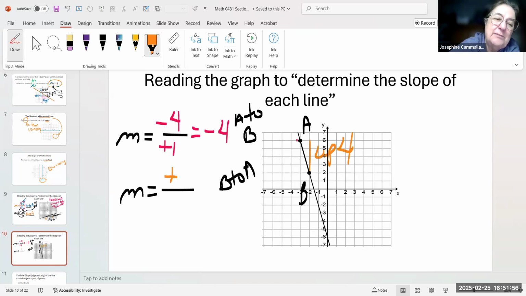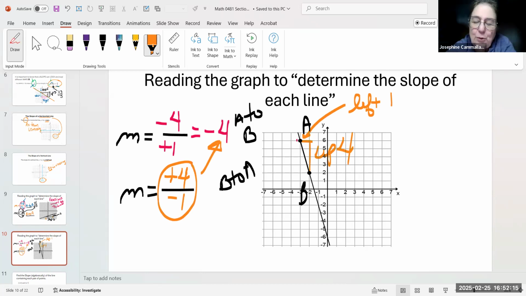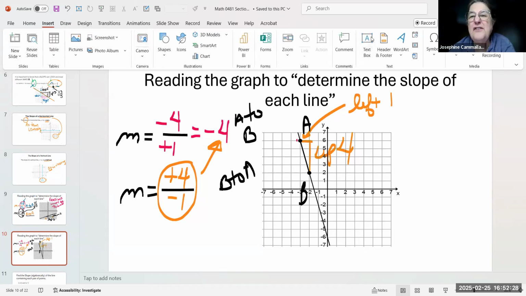It's a positive 4. But this time, I'm going left 1. A positive 4 and a -1. Doesn't matter which way I went. But I have to remember, I go up, down first, not right or left. You must go up, down first.